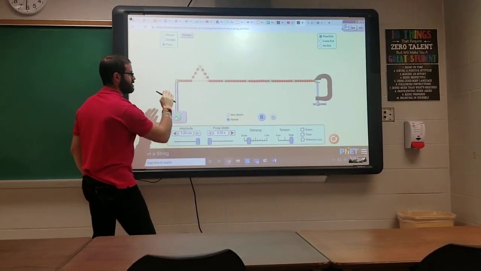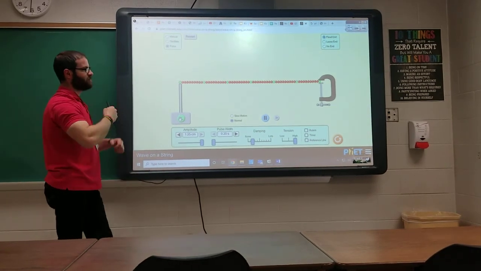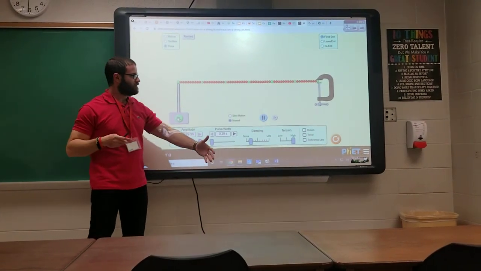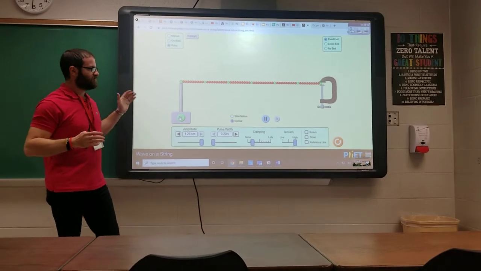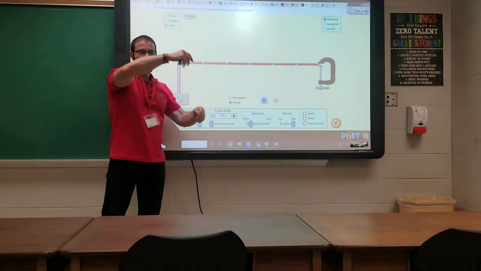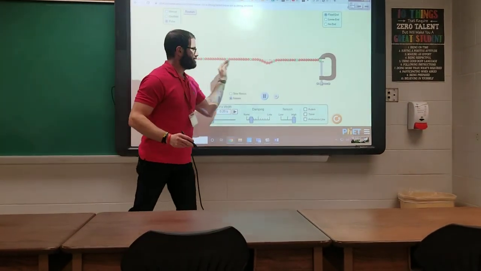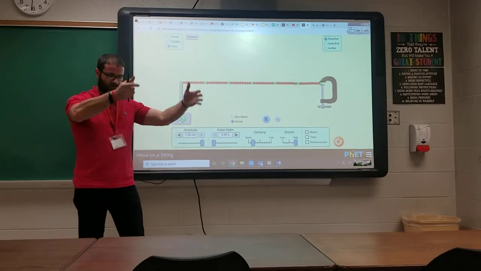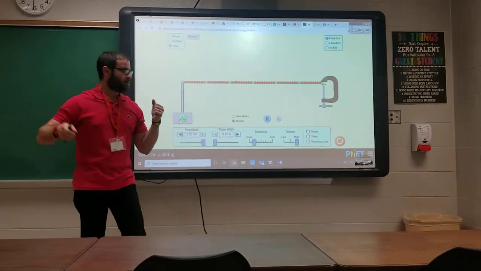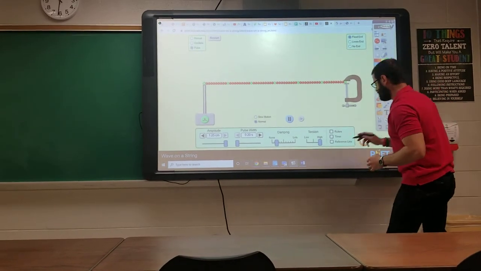Once again, original wave travels to the right, boom, reflects and travels back to the left. So that's what happens with the concept of reflection, whether it's a sound wave bouncing off a wall or a light wave reflecting off a mirror. So it's reflected, and we're able to see an image, or we're able to hear an echo as a result of that reflection, depending on what kind of wave we're talking about.